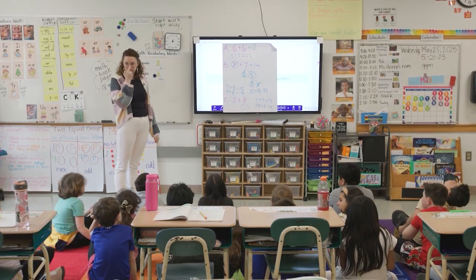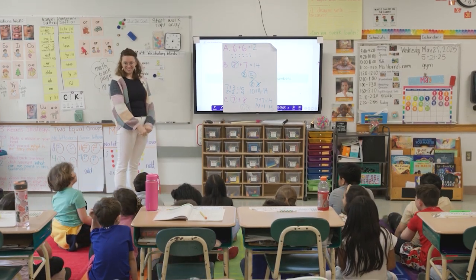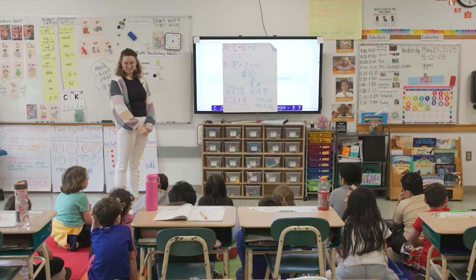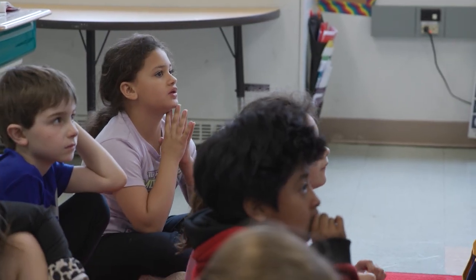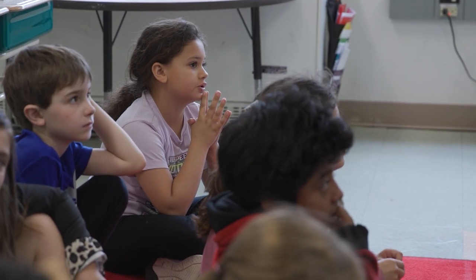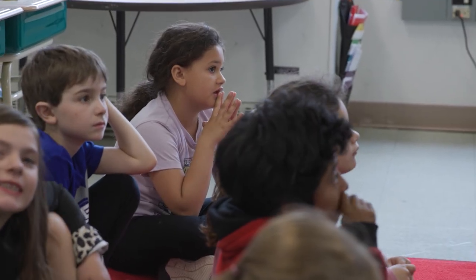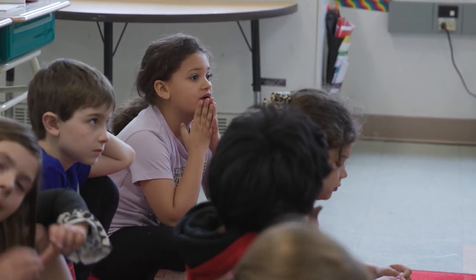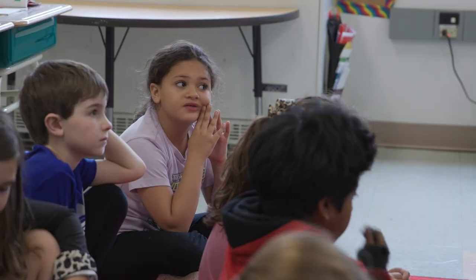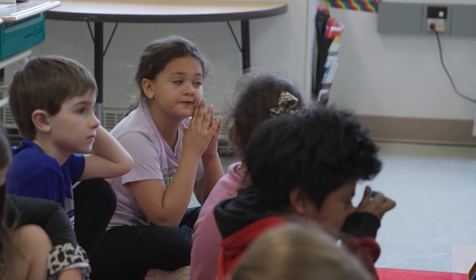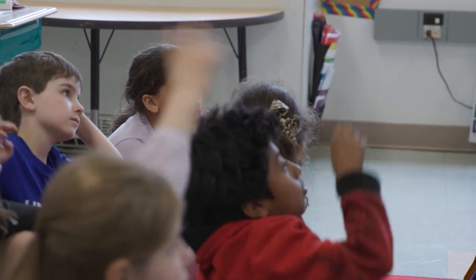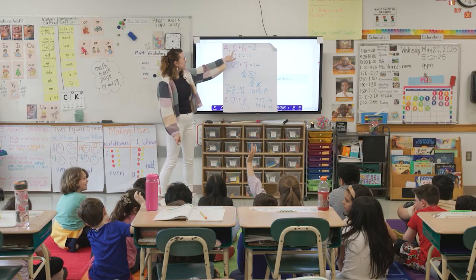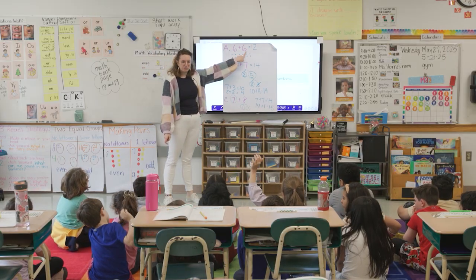Brenda? The A and B, so when you look at 6 plus 6, it equals 12. And when you add another 2, it equals 14. And when you add a 1, it equals 15. Yeah. Good job.